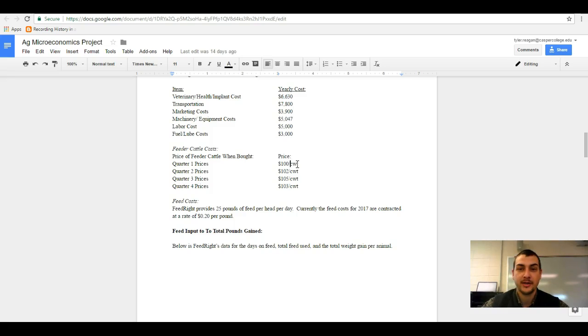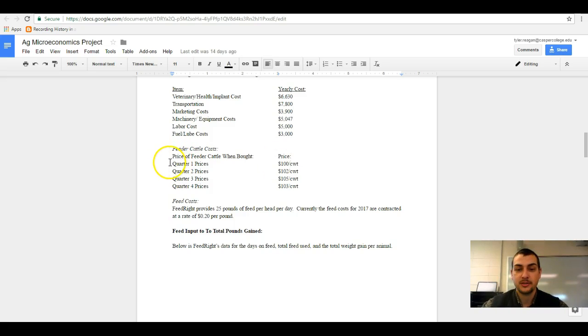We're buying all of our calves at 700 pounds. So you take that $100 per hundredweight, times the hundreds of pounds that you're buying, so it would be 7. Or you could say it's $1 per pound, since 100 divided by 100 is $1 per pound, and multiply that by the number of pounds of the animal. In each case, it comes out to be $700.